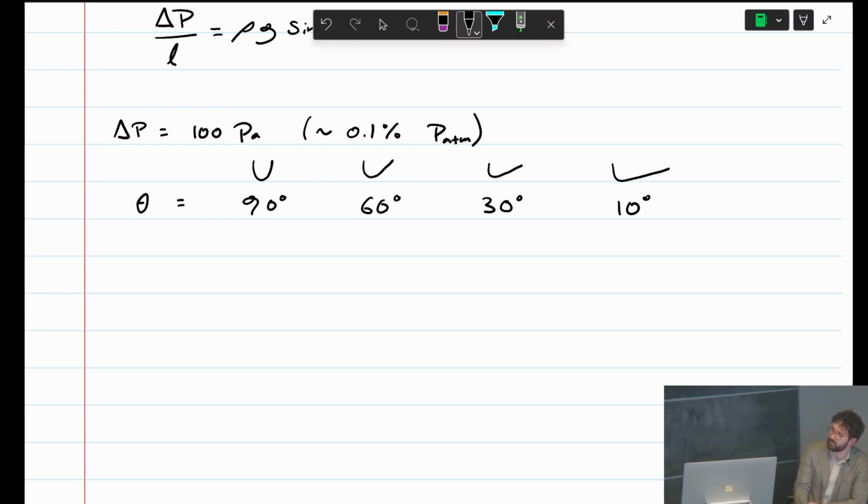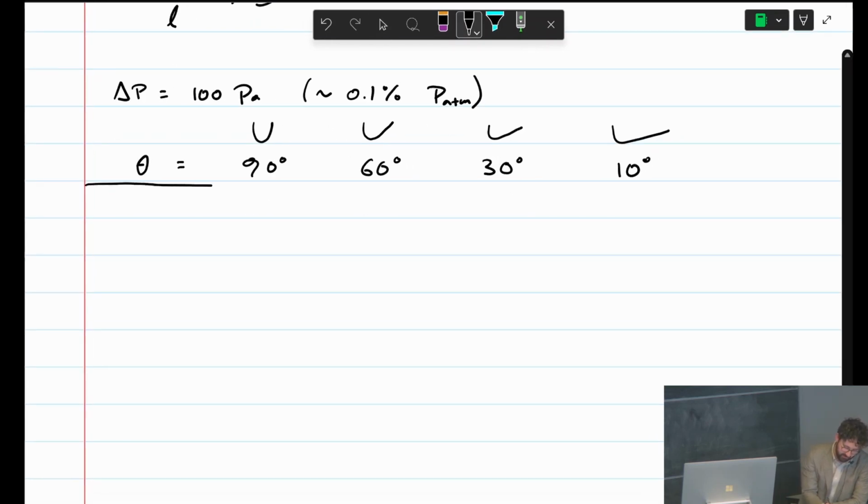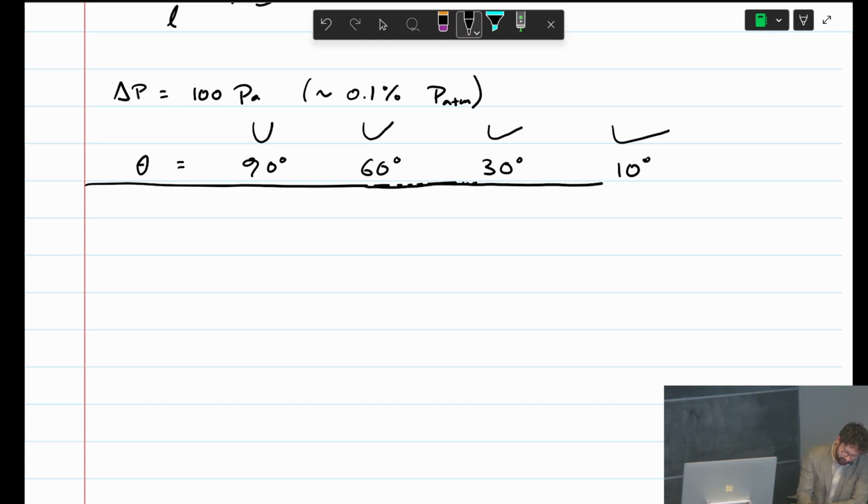So those are what this inclined manometer might look like. Say we're trying to measure that pressure difference of 100 pascals. We would read an L on that manometer of 1 centimeter, 1.2 centimeters, 2 centimeters, then 5.8 centimeters.